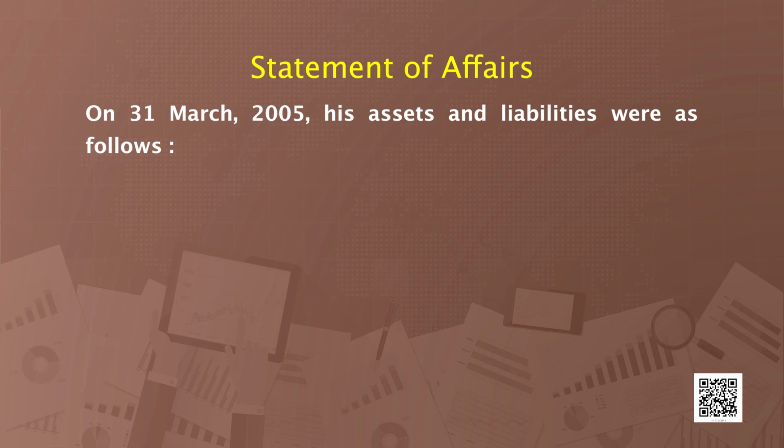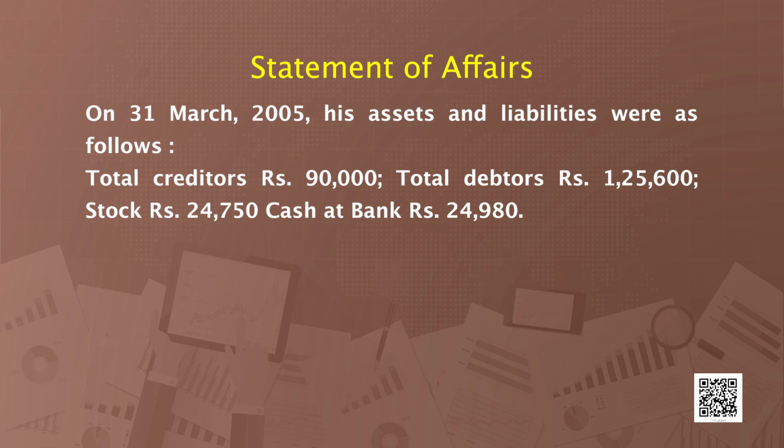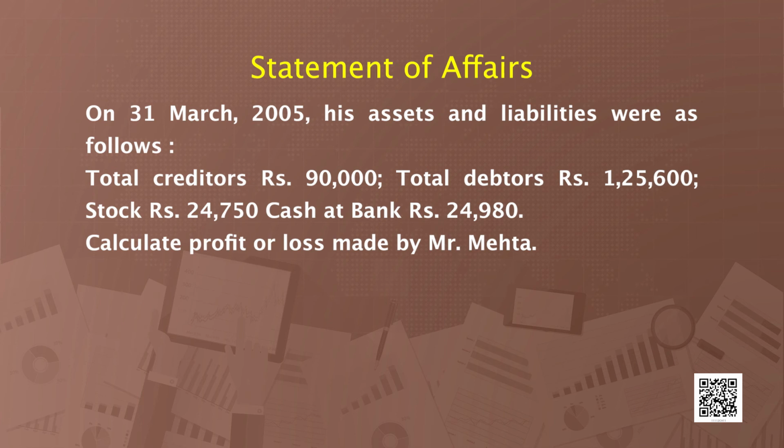That is my closing date, and closing date means the year has come to an end, and the balances are total creditors 90,000, debtors 125,600, stock 24,750, and cash at bank 24,980. And the question is asking me to calculate profit or loss.